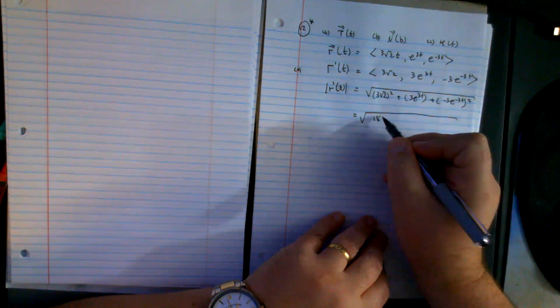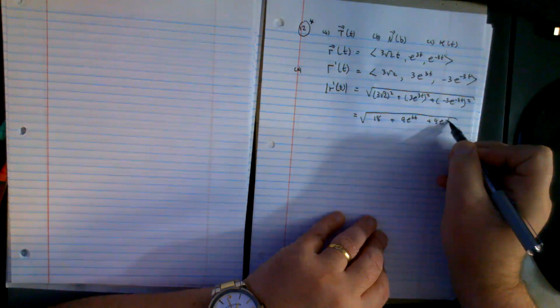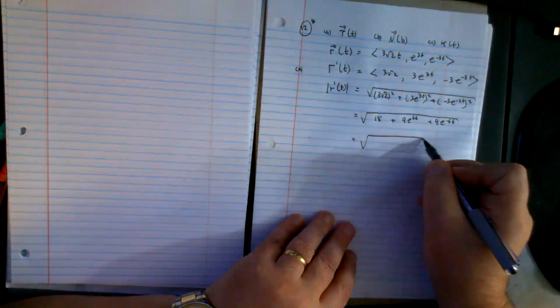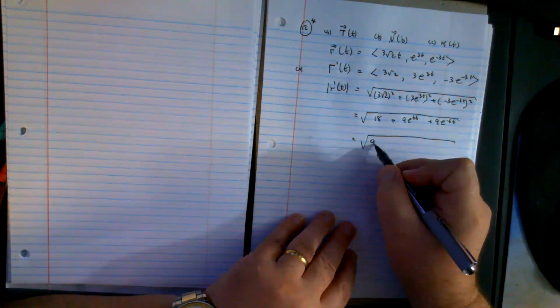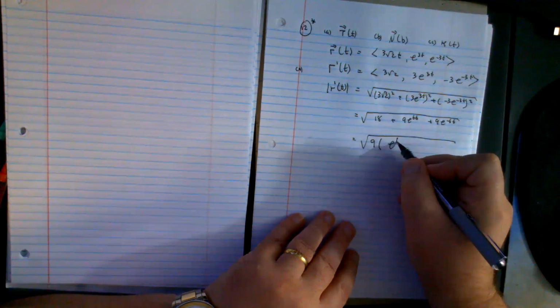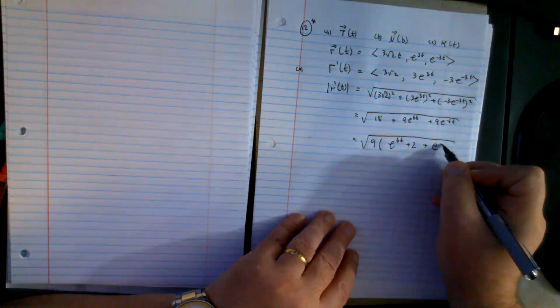And hopefully you can make this turn into something nice. Well, that's 9 and that's 2, so you get 18, 9e to the 6t, and 9e to the negative 6t. If I rearrange these in order, and pull out 9 as a common factor, I get e to the 6t plus 2 plus e to the negative 6t.